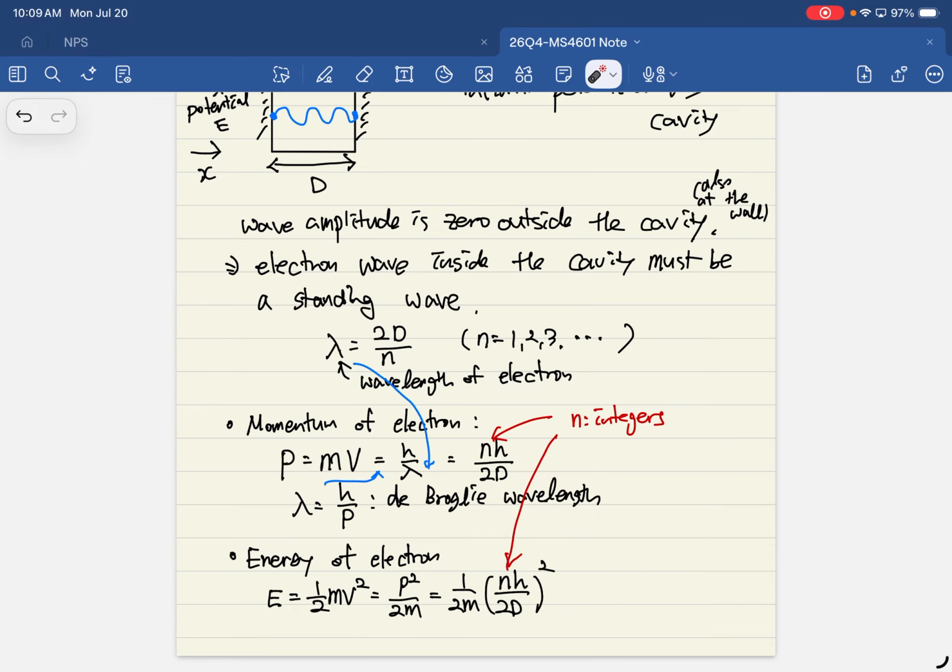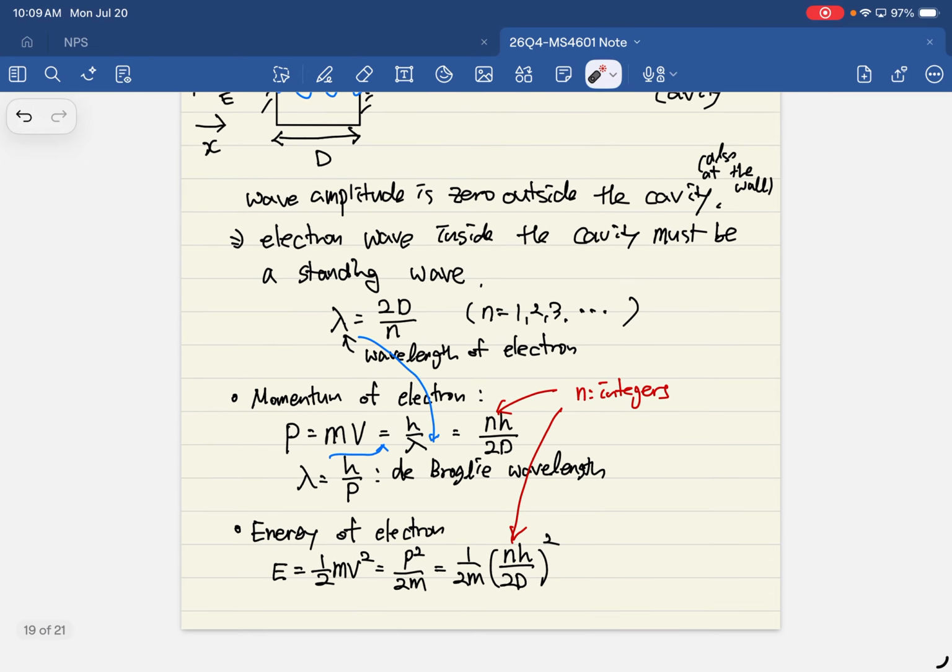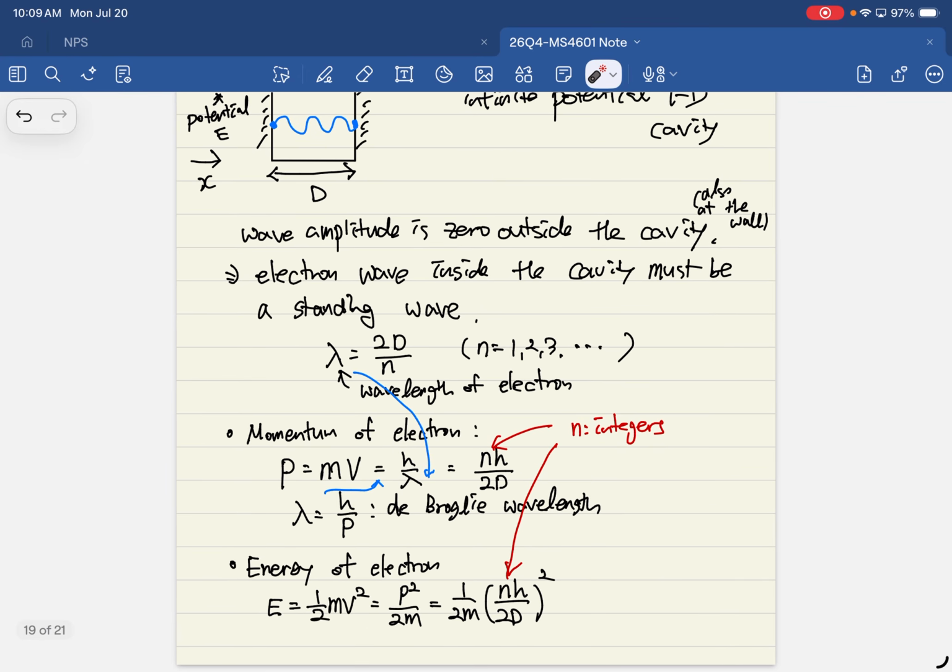It's no longer continuous. So for example, look at this one. What I mean is that n has to increase from 1 to 2, 3, 4, 5. And energy as well: n goes from just 1, and the next available number is 2.